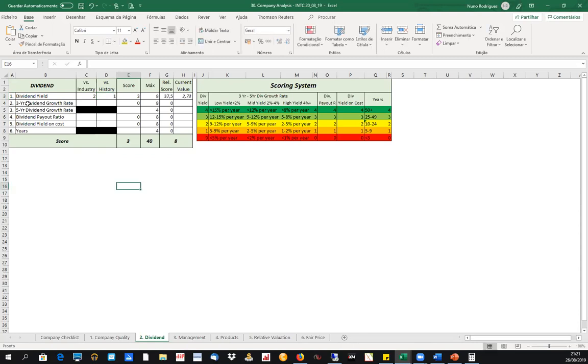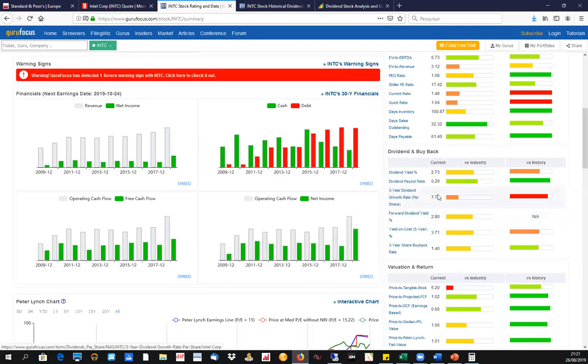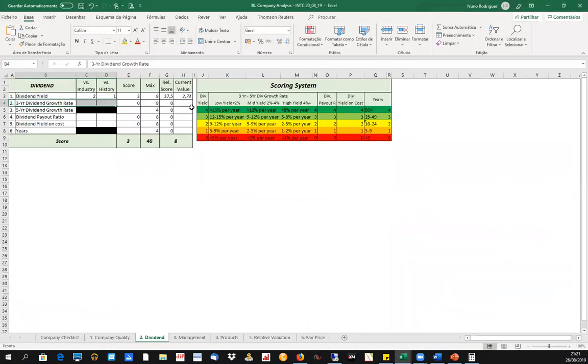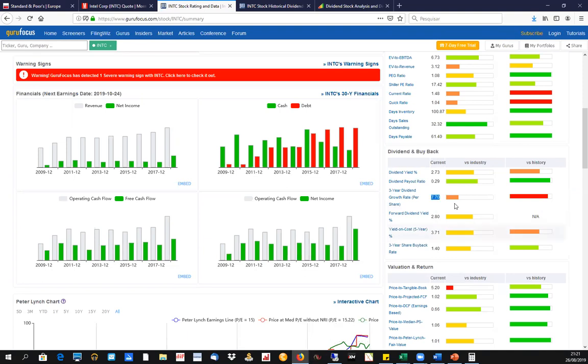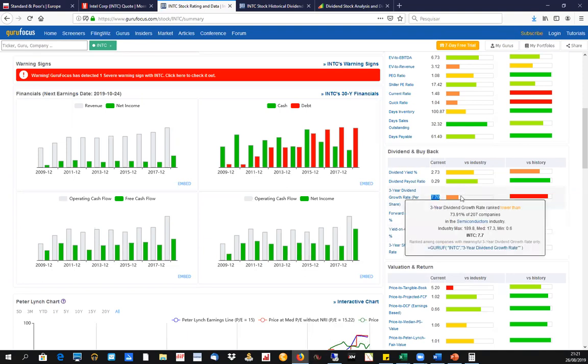Then let's take a look at the 3-year dividend growth rate. For the 3-year dividend growth rate, we have 7.7, sorry guys. Now again, let's take a look at the color scheme. We have orange versus the industry.